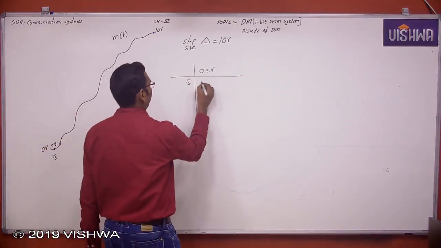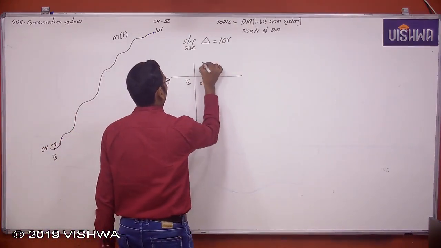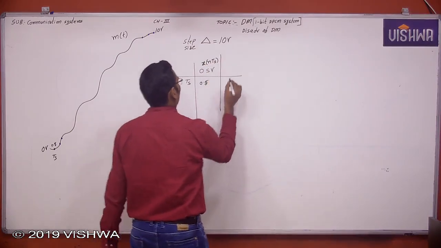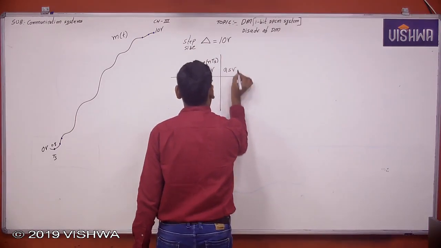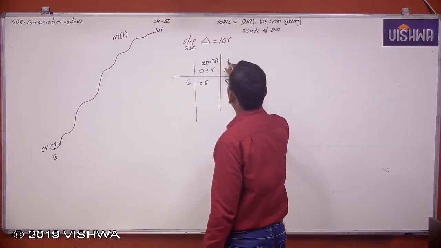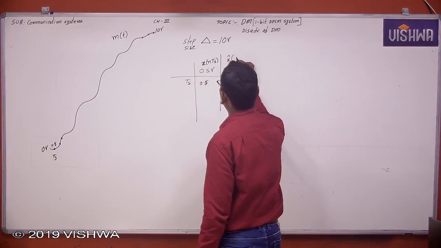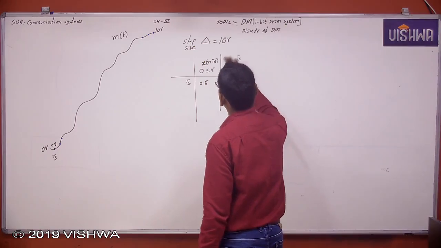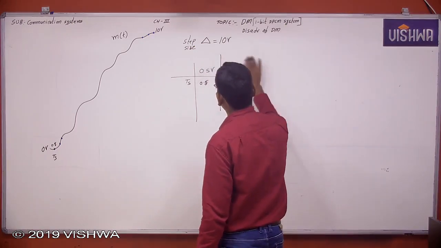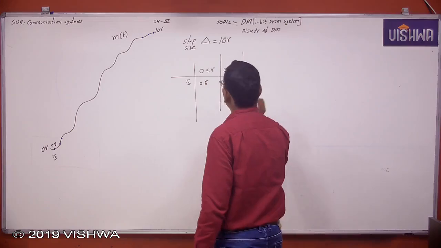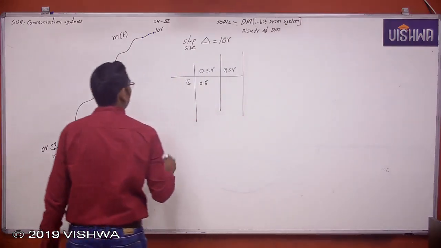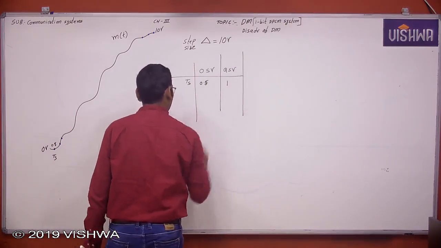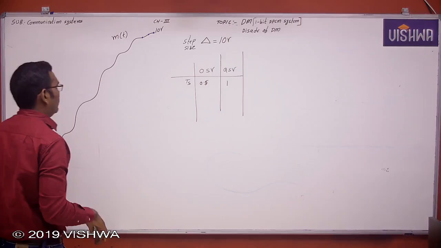This is x of nTs, the original sample value. Let us take this is the quantized sample value, x cap of nTs. Now this 0.5 is rounded off to some 1 volt.